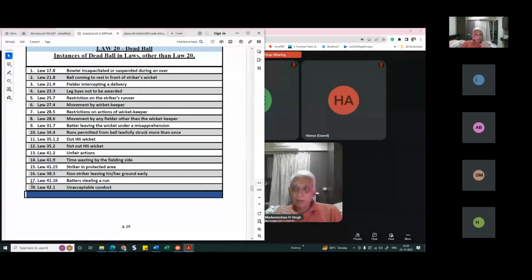How does your new understanding of dead ball affect these laws? Bowler incapacitated or suspended during an over, you call dead ball, that is fine. He doesn't get suspended during the over, so this should actually go. A25 should go. Now, this is a change which has been made.